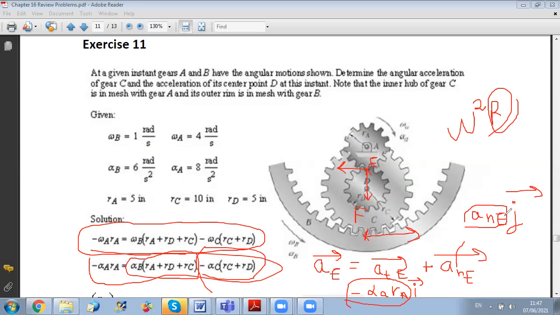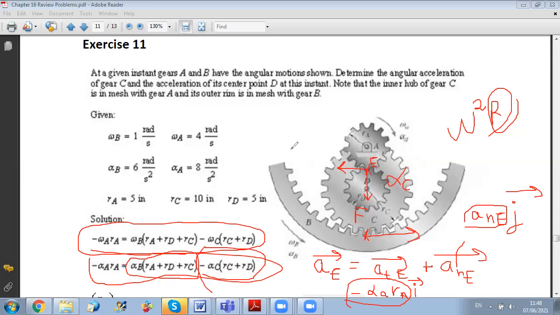Now, how can you find these components, AN of E and AN of F? You can find them after calculating alpha. Because once you calculate alpha of your disk C, then you can find the acceleration of any point of your disk by just applying the rule. And you just relate E and F again. So your unknowns will be AN of E and AN of F, which you can get.